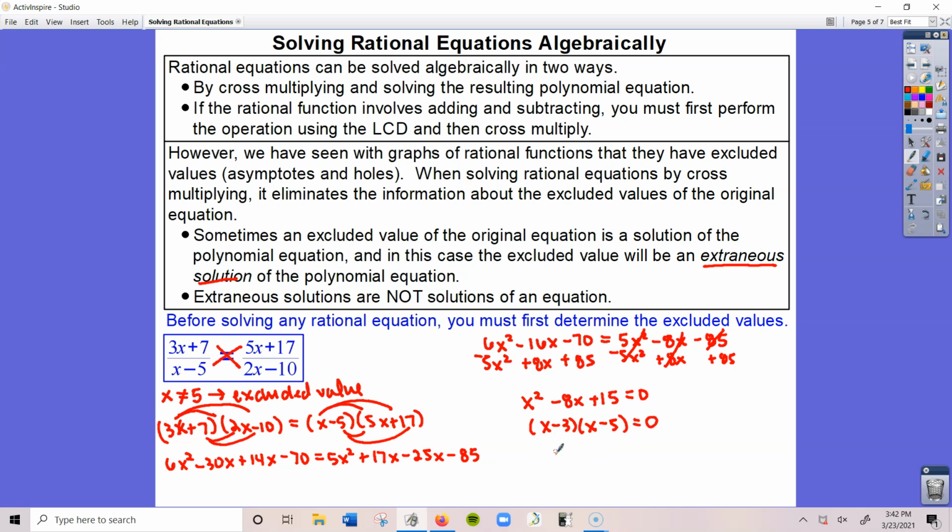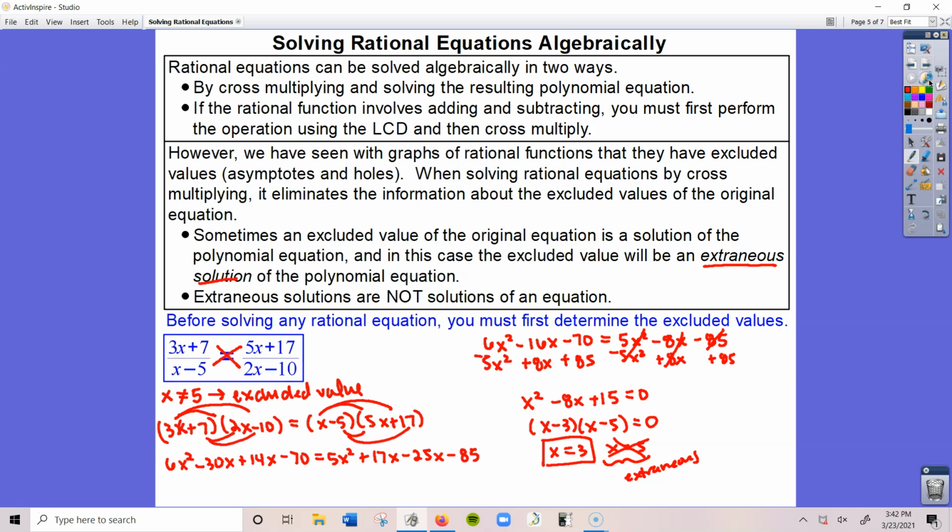So now when we set each one equal to 0, we get that x is equal to 3 and x is equal to 5. But we saw here that x cannot equal 5. So this is my extraneous solution, therefore not being a real solution. And the actual solution is just x is equal to 3.